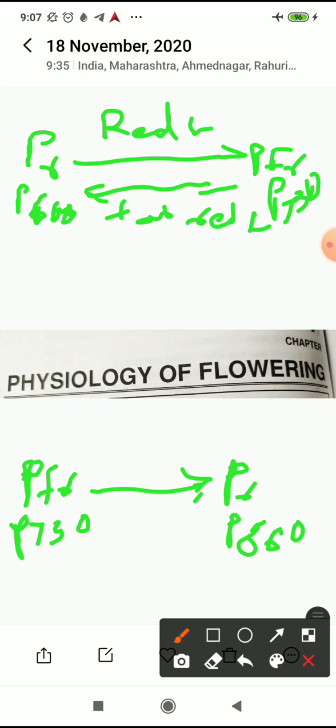So what is this phytochrome? Phytochrome is a photoperiod stimulus receiving pigment, and it has some characteristic features. It is a proteinaceous pigment.